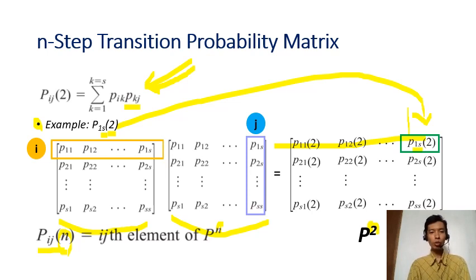So again, to create an n-step transition probability, you just need to create the matrix P to the power of n. And what you need to do to create it is just you keep multiplying the matrix P. So P times P times P times P again until n times, which equals to the n here that you're interested at.